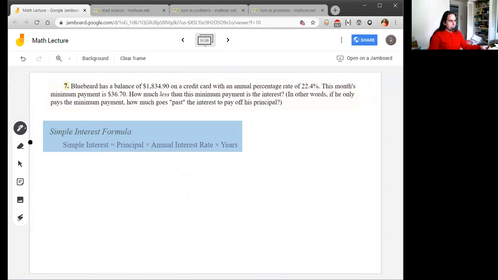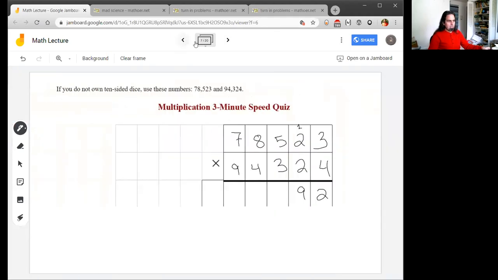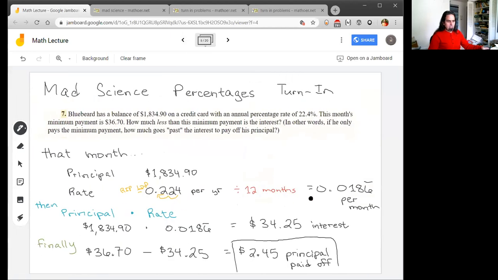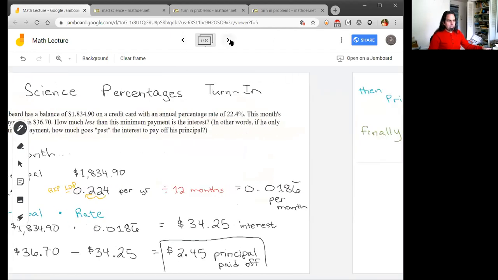So we could do 1 month out of... So that would be the way to write it. 34.25.